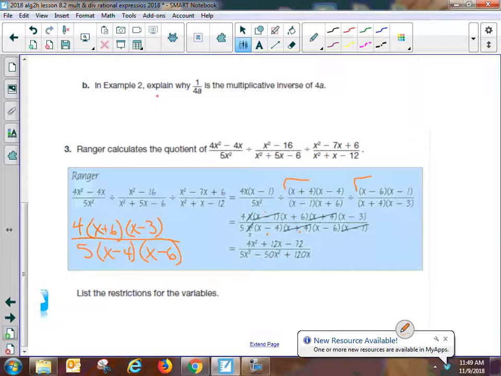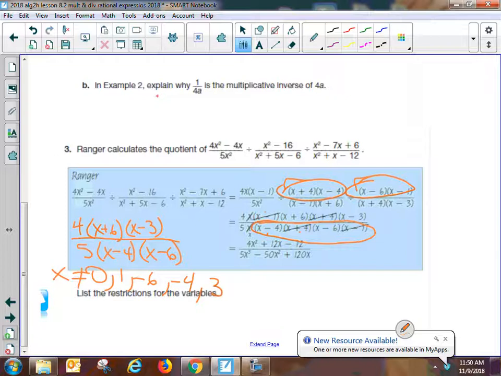So let's talk about some restrictions. So this was before the flip up on top. So x cannot be, tell me some values it couldn't be. 0, good. 1, -6, -4, and 3. Then after you flipped it, all these that were in the numerator ended up down here in the denominator.